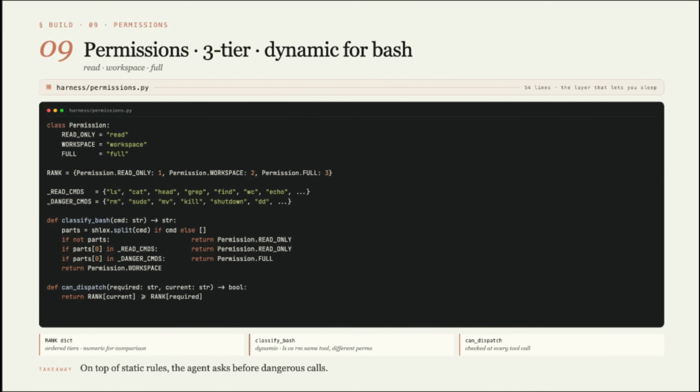Safe commands like list, concatenation, and grep stay at read only. Dangerous commands like delete, sudo, or shutdown jump straight to full access. Anything else gets workspace level. On top of these static rules, the agent can also pause and ask the user for explicit approval before running anything destructive. And this is the part that you need to implement within your harness.